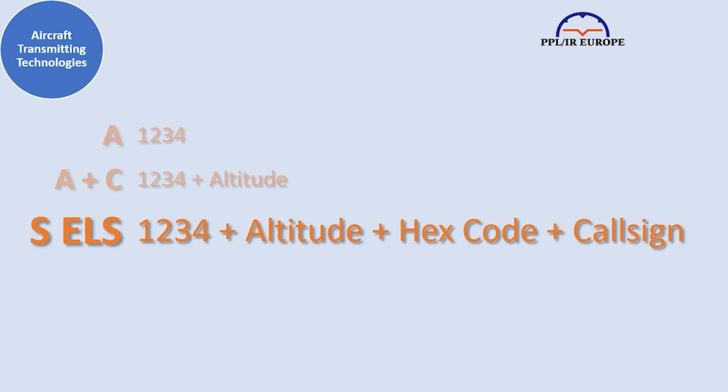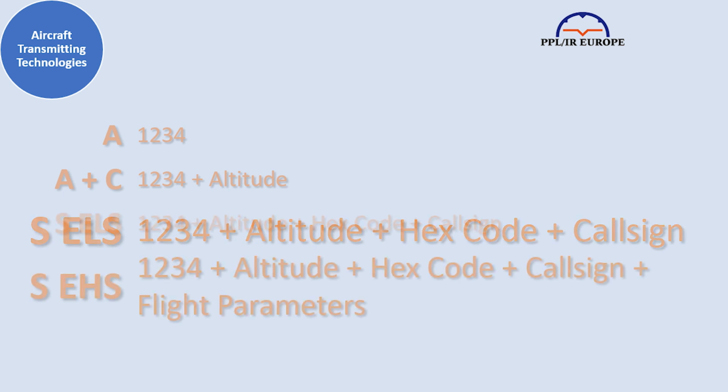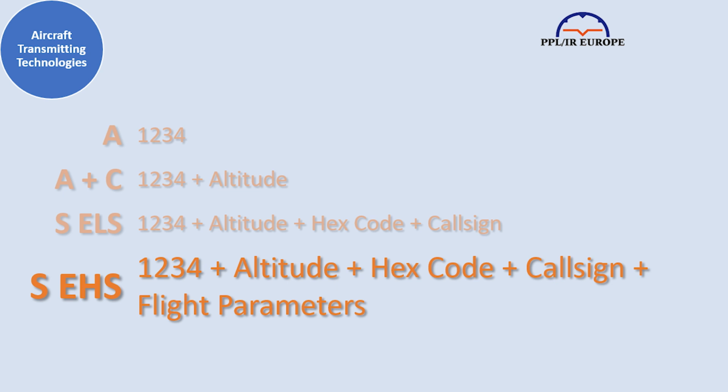It's used by ATC to augment primary radar, and it's the primary radar that provides the location information. Enhanced surveillance, or EHS, provides additional flight parameters like selected altitude, that is the altitude that the autopilot has been instructed to climb or descend to or maintain, heading and track, indicated airspeed, ground speed, vertical speed, bank angle and rate of turn, but again does not provide the location of the aircraft.